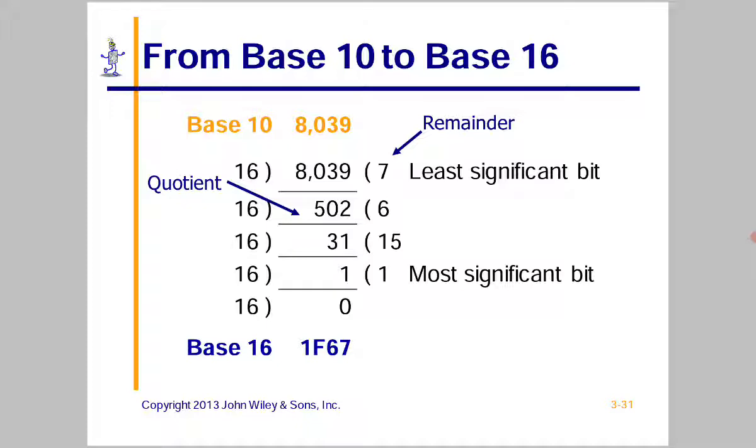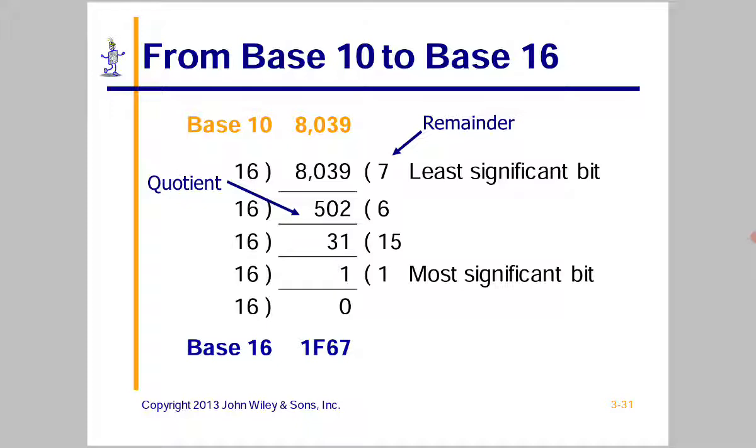So base 10 is 8039. Convert the decimal number 8039 to hexadecimal. We want to convert decimal to hexadecimal, so we simply divide the given number by 16. The original number is 8039 divided by 16.